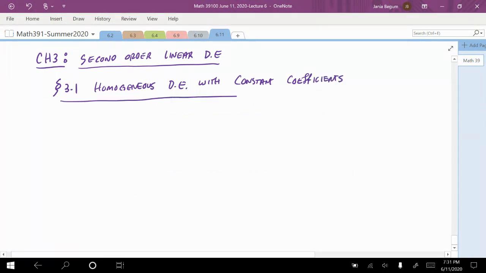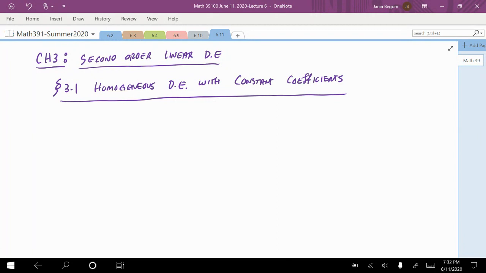Okay. So in this chapter, the definition of homogeneous is not the same definition we had for first order. First order homogeneous means you're able to express the first derivative as a function of y over x. That's first order. From chapter 3 on, homogeneous means the following.